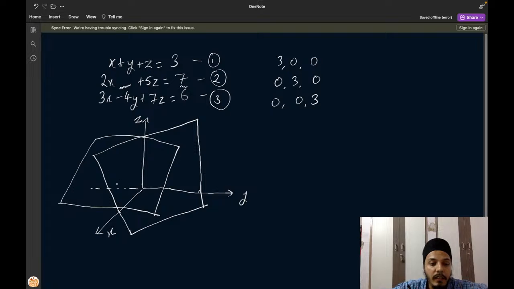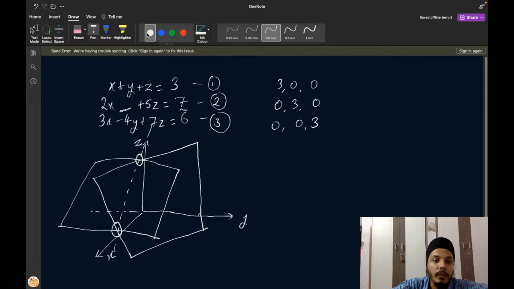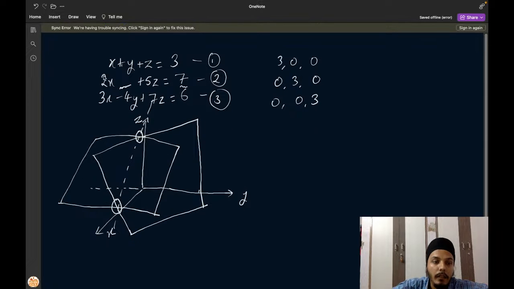Now what we see is that we have an intersection point. The first intersection point is somewhere here, the second is here. If you draw the planes, they might differ somewhere also. So we can make a line through these planes. Let me draw it using another color.